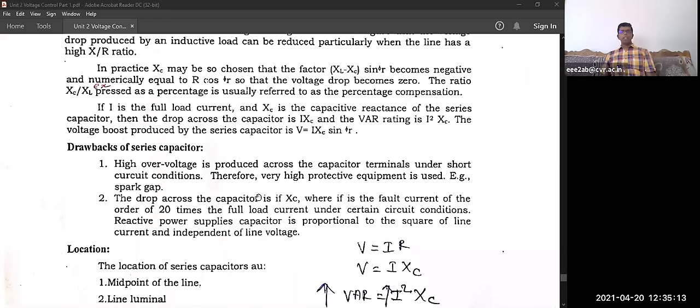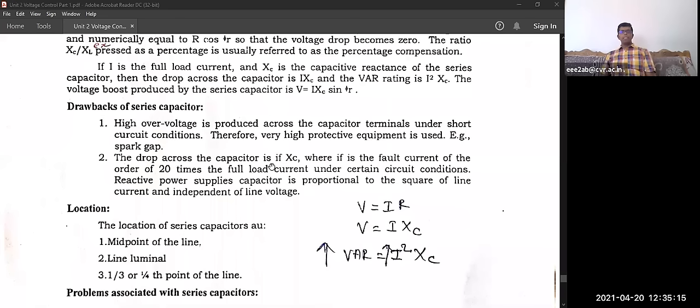Next, the drop across the capacitor is XC, and the fault current is of the order of 20 times the full load current under the short circuit condition. Like 20 times the full load current is being increased if the fault current happens. The reactive power supplied by the capacitor is proportional to the square of the line current, which is independent of the line voltage.